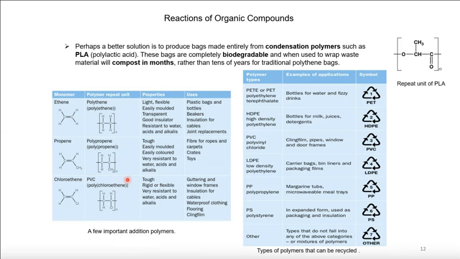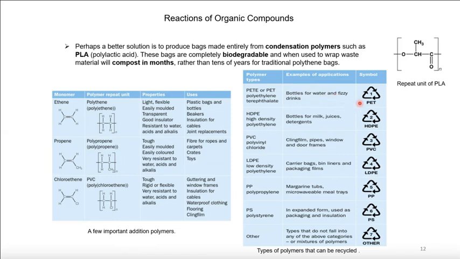We also see the types of polymers that can be recycled. We know that if we can recycle these polymers, we can address the environmental issue. The polymer PET is polyethylene terephthalate, used in bottles of water and fizzy drinks.